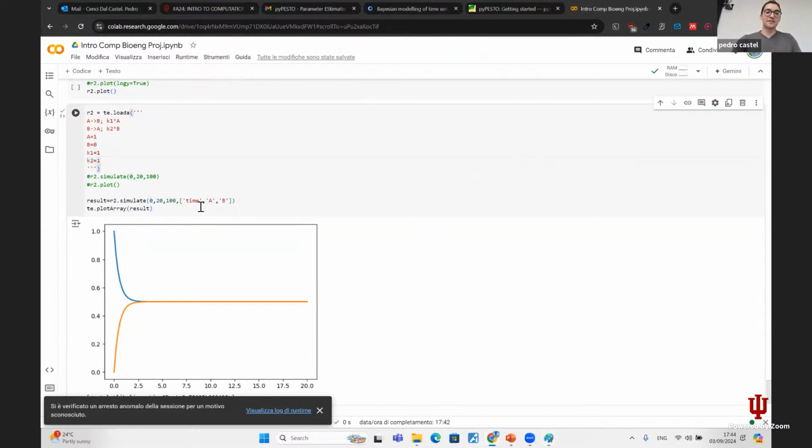What happens if I do K2 equals 2? What will happen? They would not converge. Yeah, basically, one would have higher concentration, another would have lower concentration.